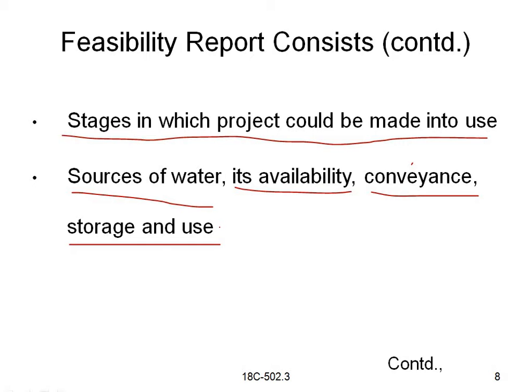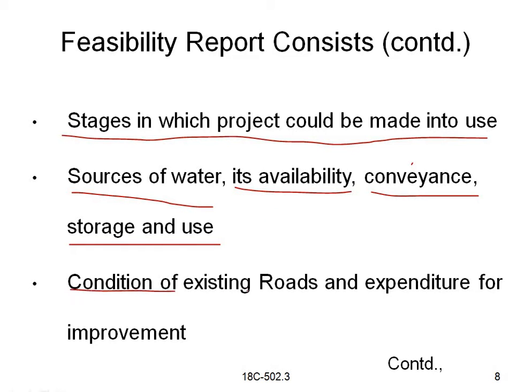We have to show the source also, what the availability is, the conveyance, storage and use, how this water will be useful in the construction site, and how this water will be stored. That will be shown in the feasibility report, one of the main things, because the water is very useful for construction.